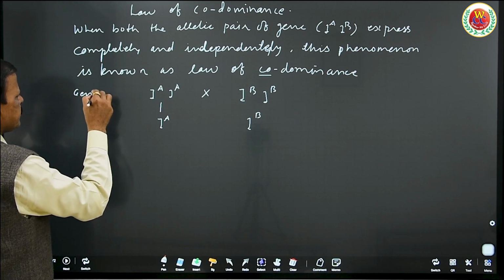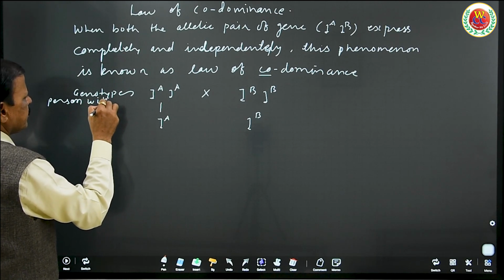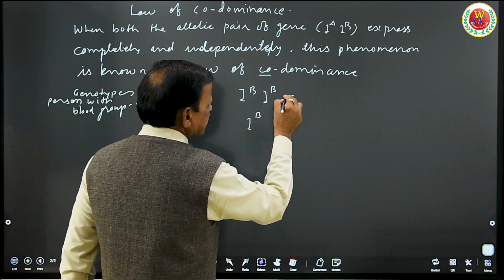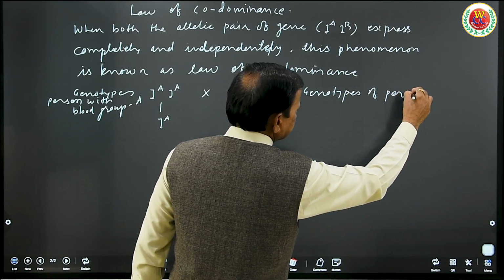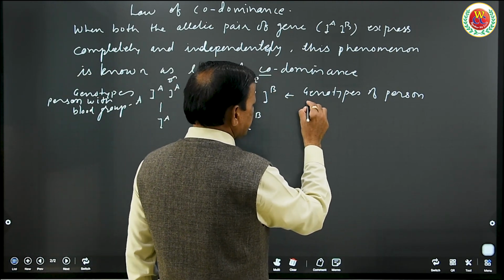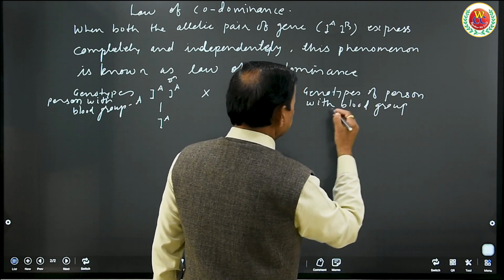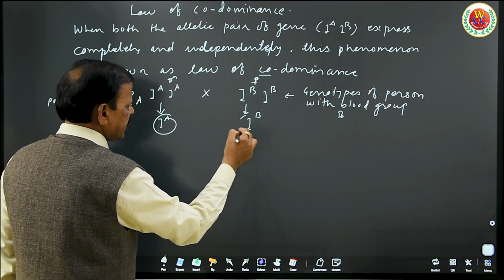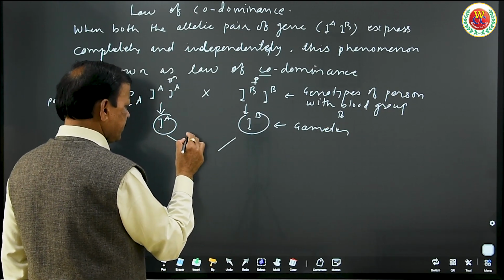These are the genotypes of the person with blood group A, and these are the genotypes of the female with blood group B. These are the gametes, and in the F1 generation they come together after fertilization.